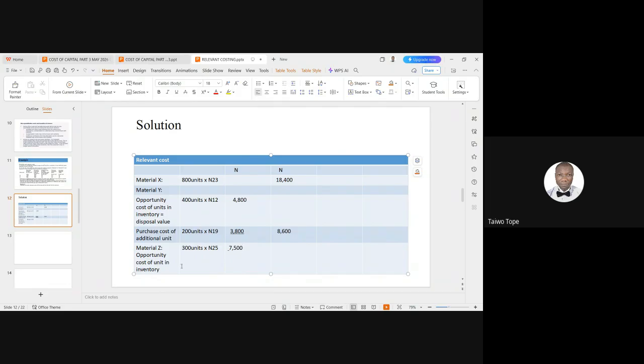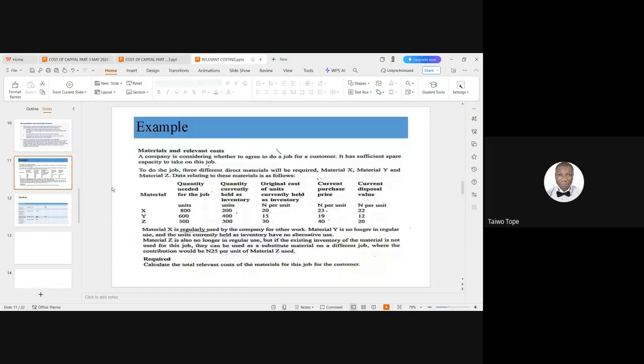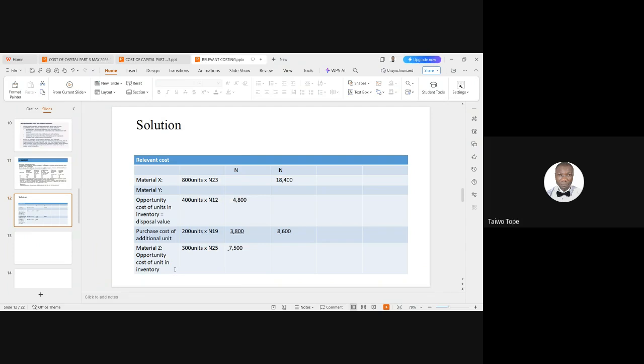7,500. How many do we need? 500. We've ascertained the relevant cost for 300 units. For the remaining 200 units, the relevant cost will be the current market price, 14 naira.